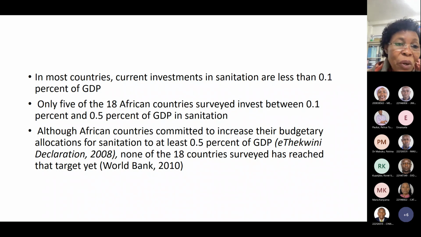Now, as I said, you will recall earlier on, I mentioned that while water actually receives, I would call, adequate attention, sanitation, to me, doesn't receive adequate attention. And the World Bank report, again, of a decade ago, informs us that in most countries, current investments in sanitation are less than 0.1% of the GDP.